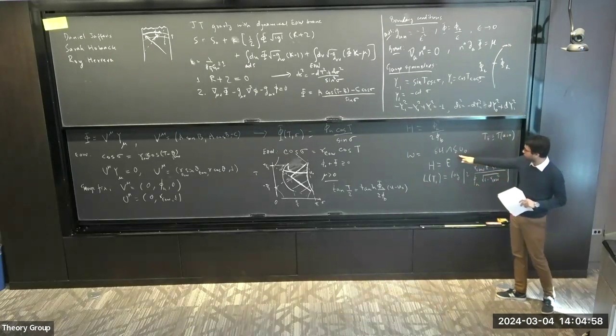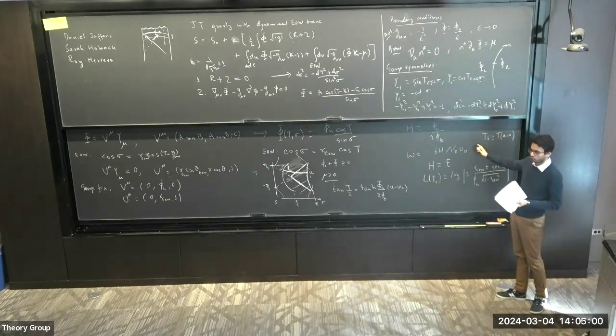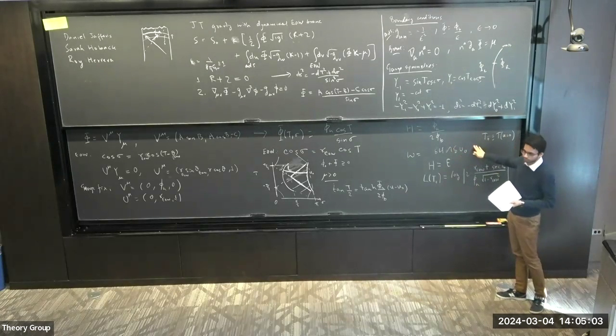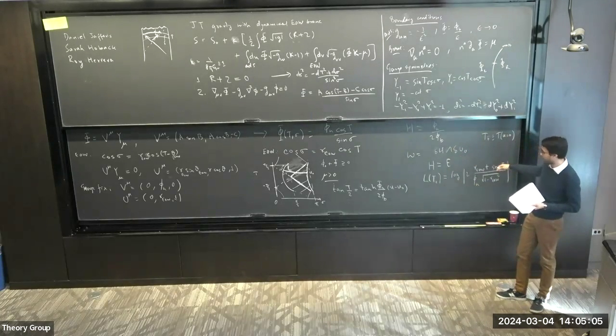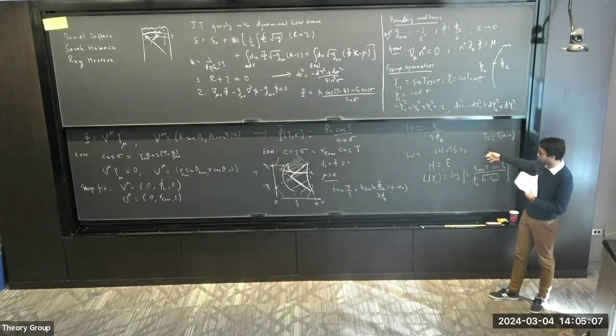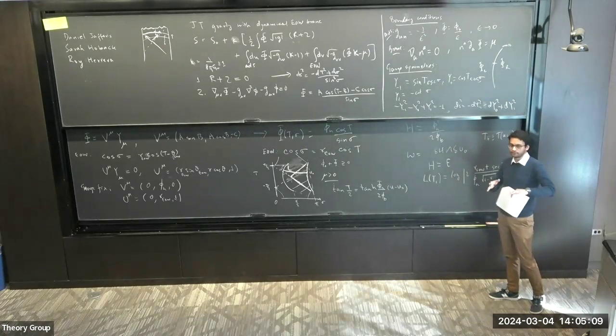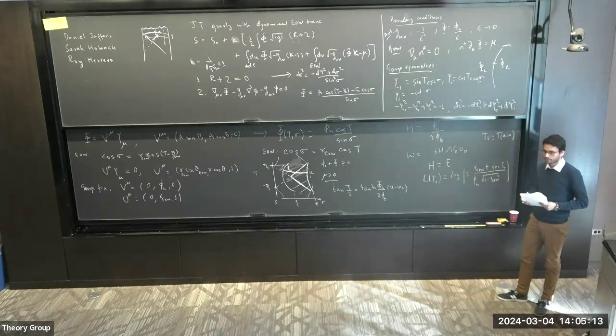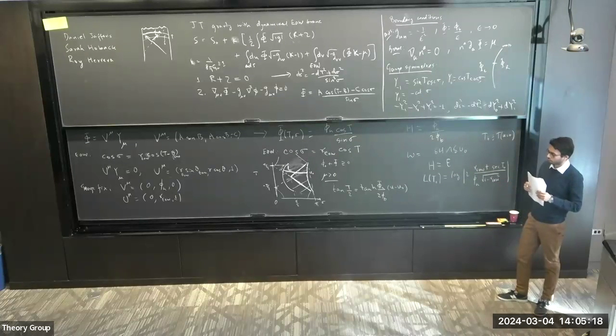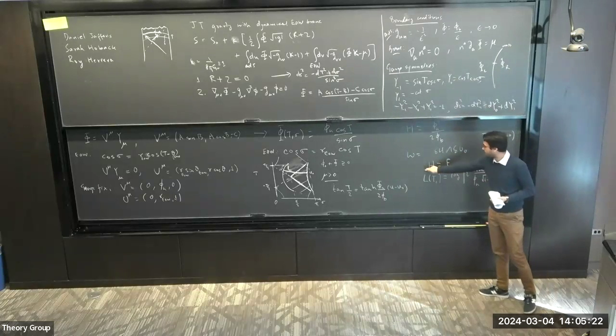And so the divergence in the phase space volume, which was coming from the integral over U naught, can also be thought of as a divergence due to the increase in the length of the initial slice. So this suggests that if we want to get a finite phase space volume, then fixing the energy is not sufficient.